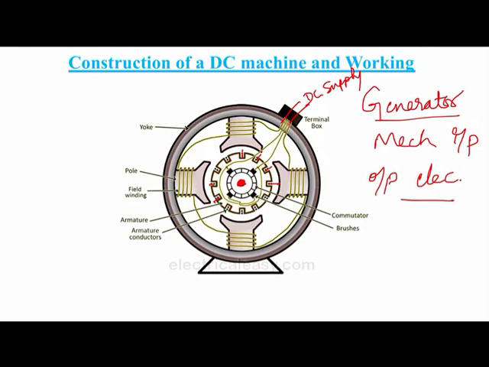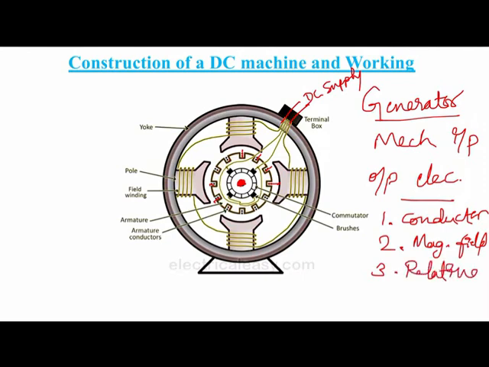One is conductors, one more is the magnetic field, and lastly the relative motion between conductor and magnetic field.